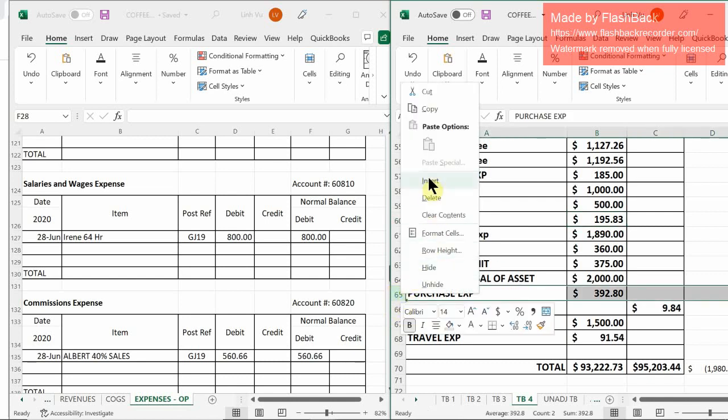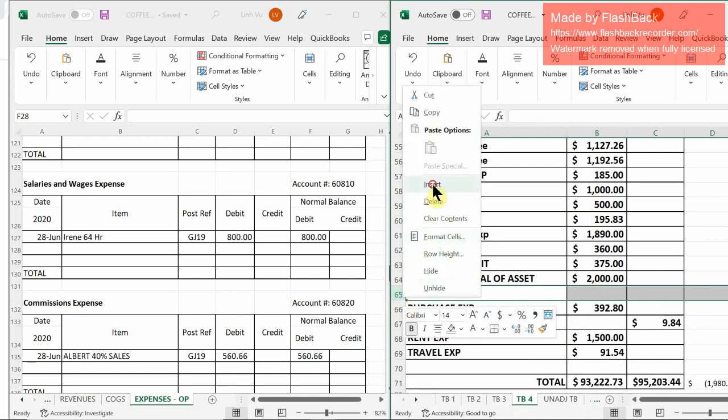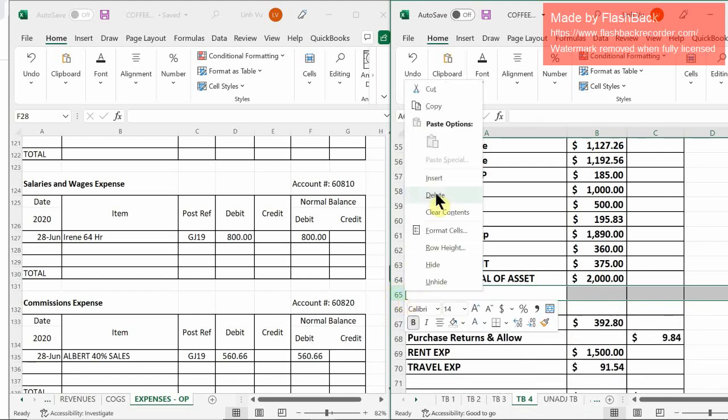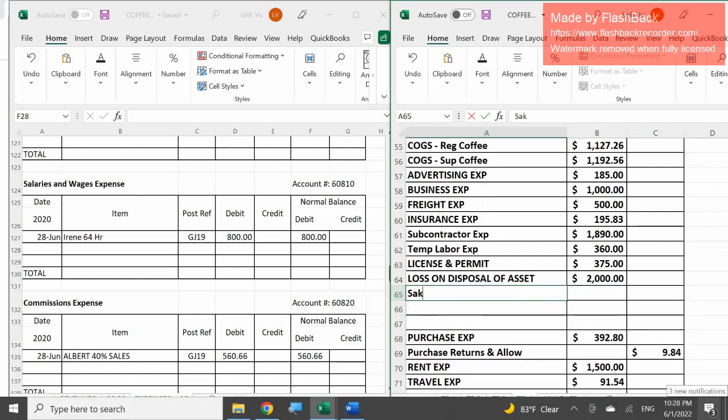So I'm going to select that number there and insert 3 accounts. Okay. All right, one for salaries and wages expense, one for commissions expense, and we have payroll tax expense.